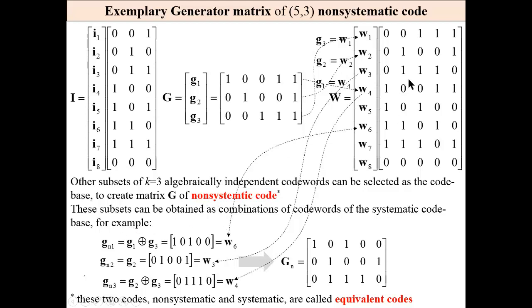For example, for this generator matrix of the systematic code, we may add G1 and G3, we may leave G2 as it is, and we may add G2 and G3 to obtain another code base, a set of code words algebraically independent, but this code base, this generator matrix, is a non-systematic one. These two codes, the systematic one described by this matrix and the non-systematic described by this matrix, are called equivalent codes.